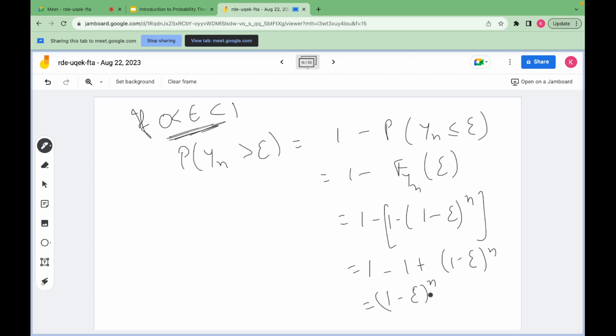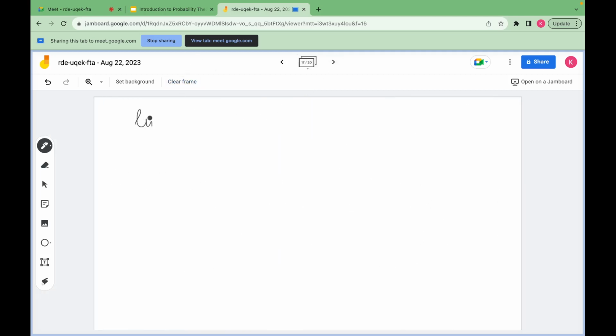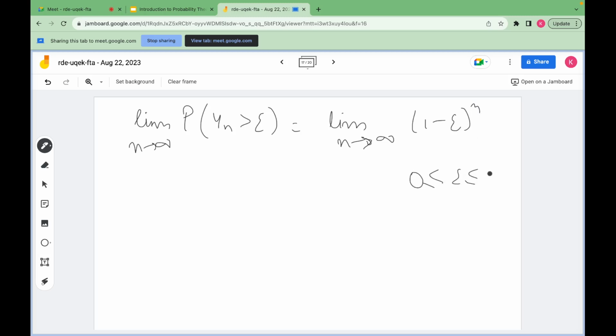Okay. So now we can put the limit on this. It is the limit as n tends to infinity of (1 minus epsilon) to the power n, where epsilon varies from 0 to 1.